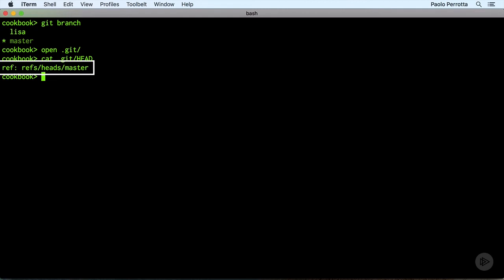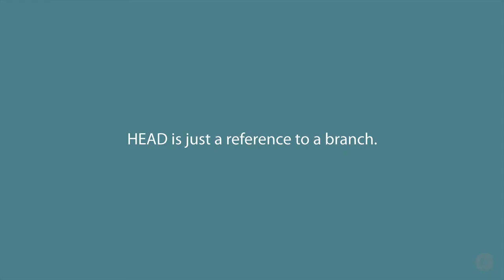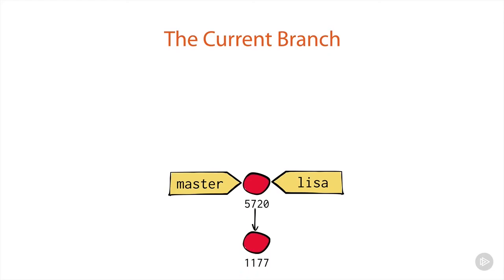It's saying HEAD is currently pointing at refs/heads/master, the file representing the master branch. There is only one HEAD, so there is only one current branch. That's what HEAD is, a reference to a branch. A pointer to a pointer, if you wish. Let's add it to the diagram and move on.